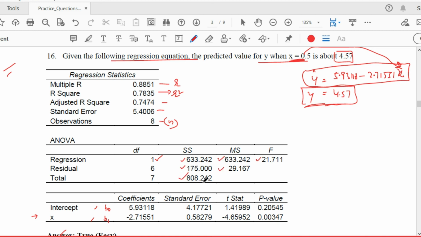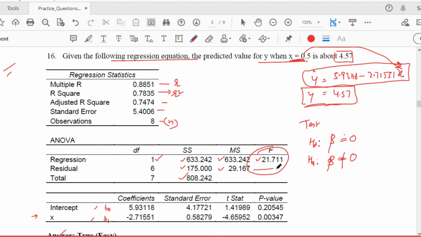Now we have to check whether there is a significant relationship. We'll test the hypothesis. H0 means that there is no relationship, beta is equal to 0, and the alternative is beta is not equal to 0. Let's see which one is correct.